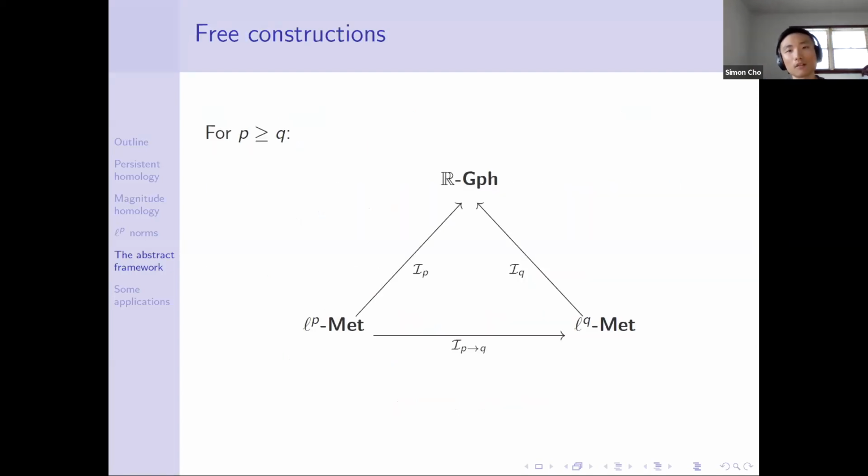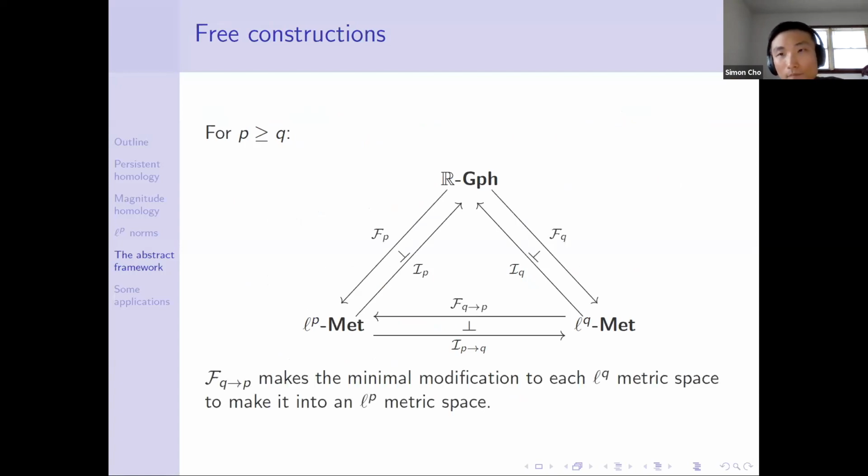And so for any two choices of P, so for P and Q, you might have a commuting triangle of inclusions of categories. It turns out that these are all right adjoints, and so they have left adjoints, which are free constructions.